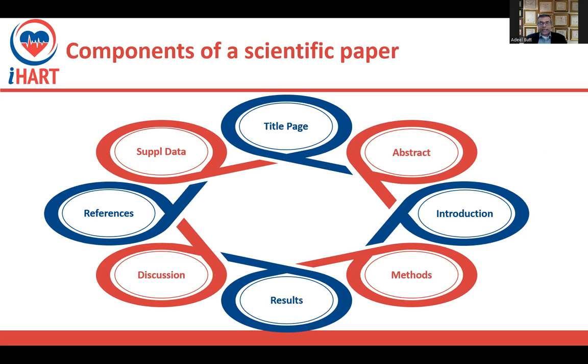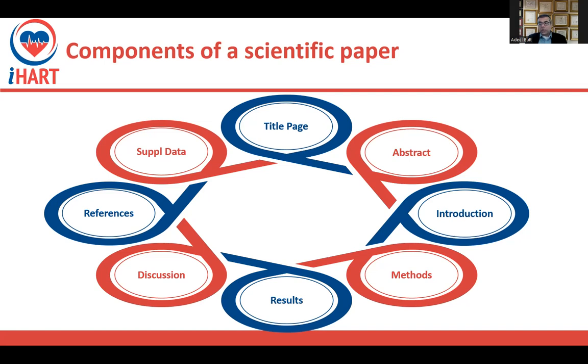And again, we're talking about a clinical paper. So the first and foremost thing is a title page, which contains information about the authors, their affiliations, their word counts, contact information for the corresponding author, some disclaimers, conflict of interest statements, and so on and so forth.